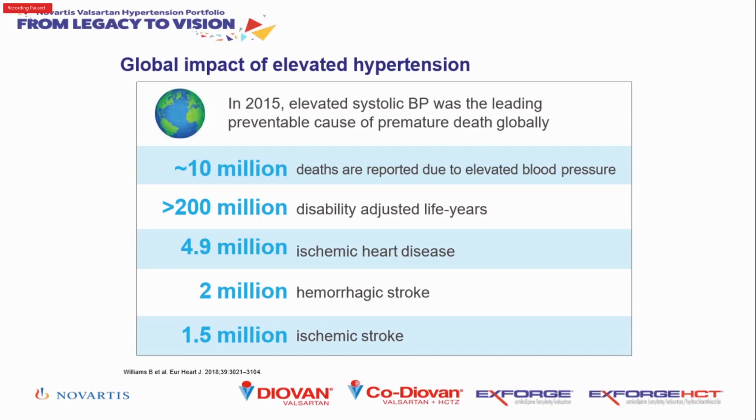And you can see the figures for ischemic heart disease, hemorrhagic stroke, and ischemic stroke. So hypertension has global impact. I don't think there is any person here who goes into his emergency room and will not see either a case of stroke or heart failure in the patients that are there gathered. Next slide.